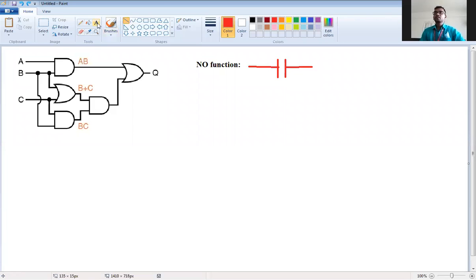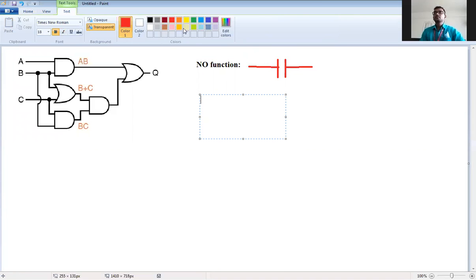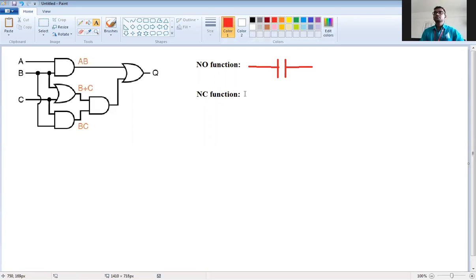So this is the NO function. Okay. Now we'll see the NC function. The NC function looks like this. And we are having one contact like this. So this is the NC function, correct?